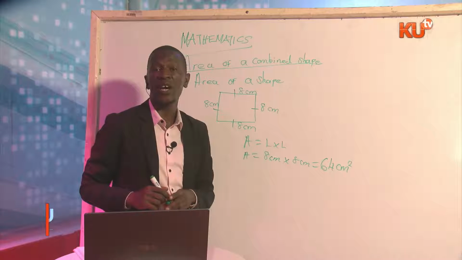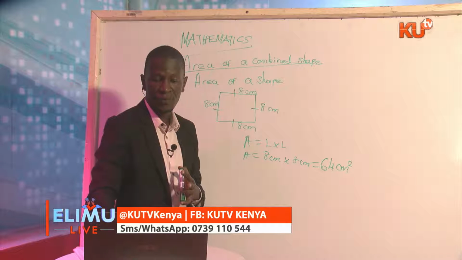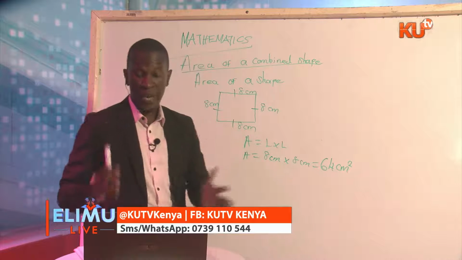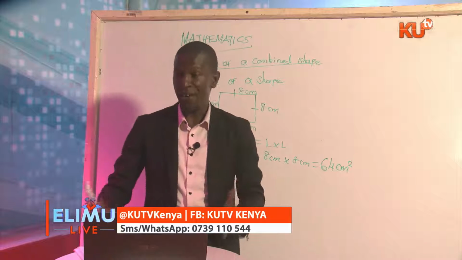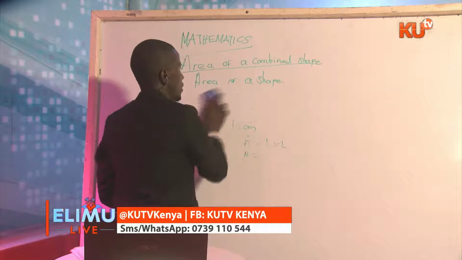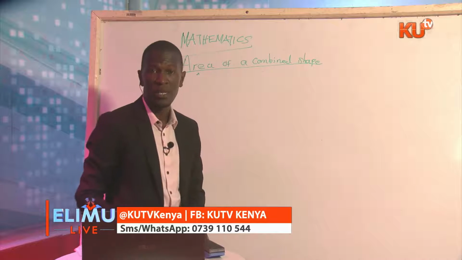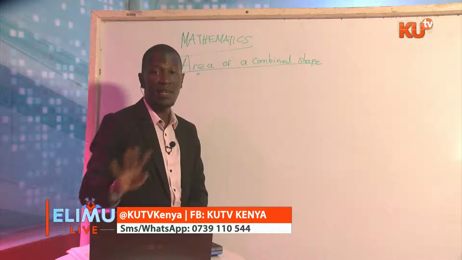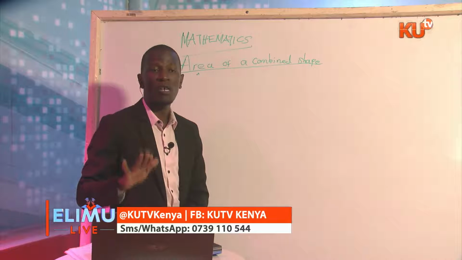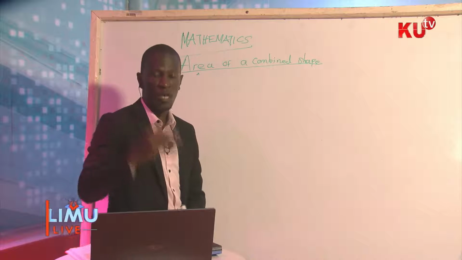Having seen how we can find the area of the square, we can move to another shape. Before we go to triangle, I want us to go to rectangle. Area of a rectangle. When we talk of a rectangle, we need to understand some of its properties. A rectangle has 4 sides, same as a square, but the sides are not equal. Only the opposite sides are equal.